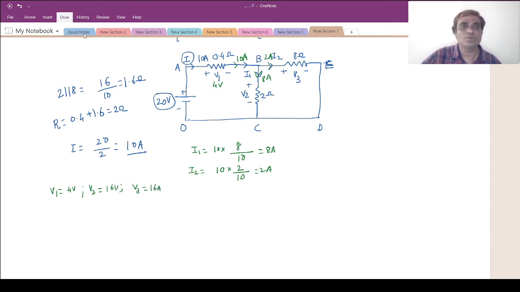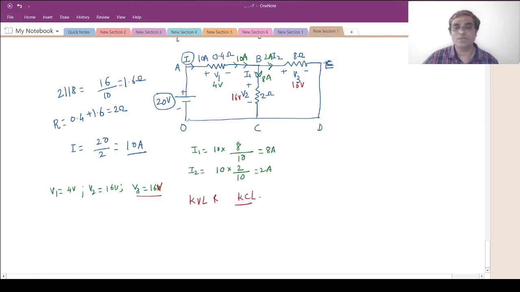Let me write on the network: this is 4 volt, this is 16 volt, and this drop is also 16 volt, not ampere. Now I know the current and the voltages for each branch. Now let us check whether KVL and KCL are really satisfied or not. First let me check it for KCL.